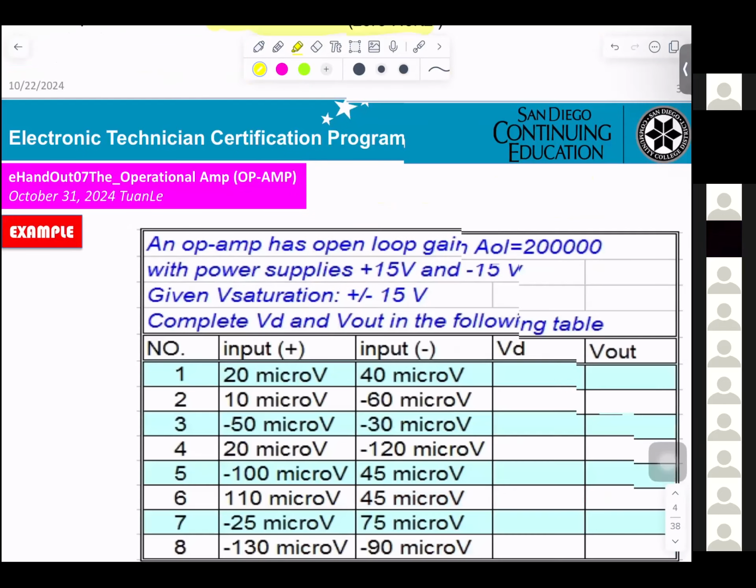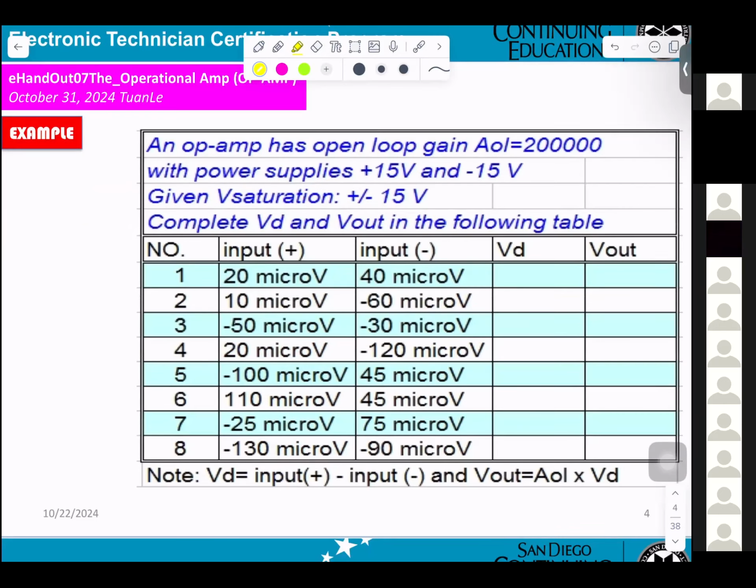Now you can see here, okay, an op amp has open loop gain AOL of 200,000 with a power supply of plus 15 volt and minus 15 volt. Also, you would normally have the V saturation less than 1.4.